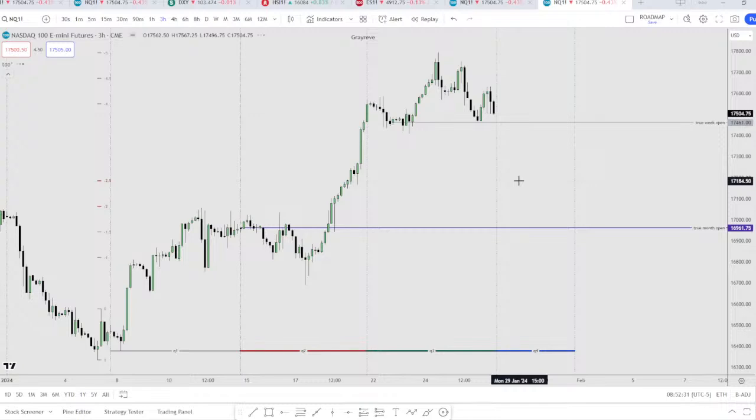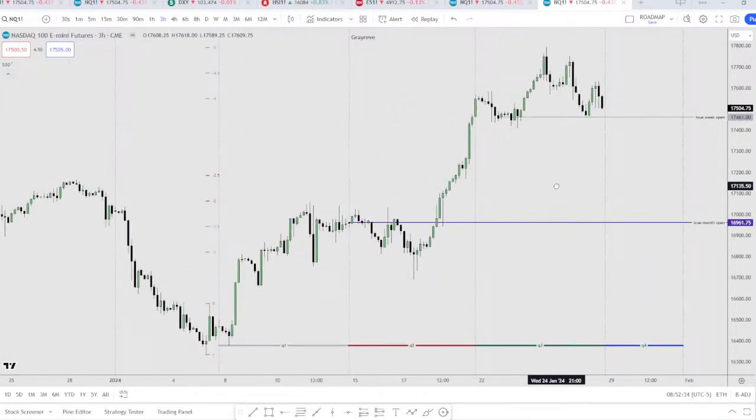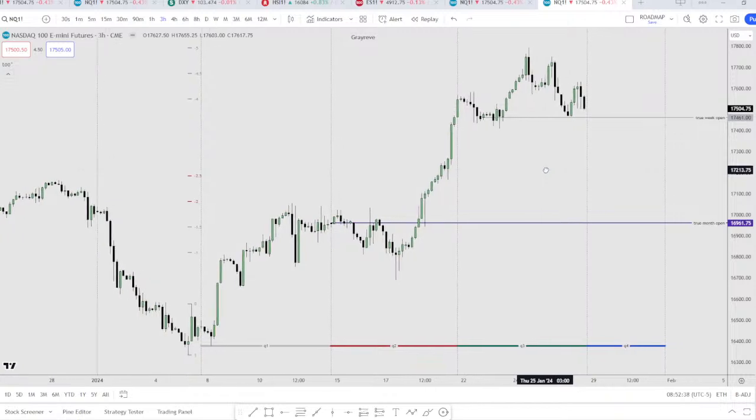Okay, let's take like 3 hours. Yep. So let me just remove this because this week has ended, and right now, as you can see, we are above true month open. Okay, so we don't really want to short.